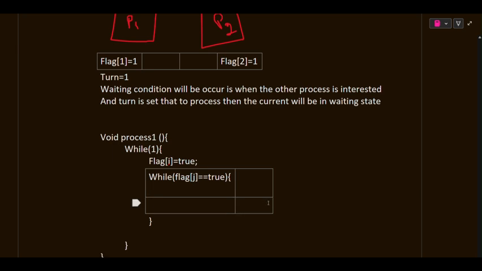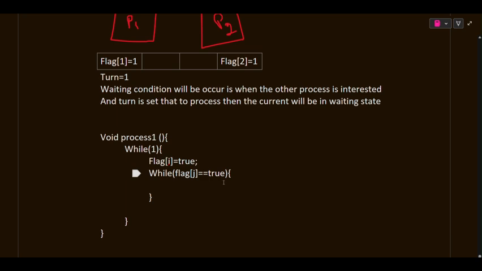then it will check the other condition, that if the turn is also assigned to that process J, then it will make the flag of the process I false, making itself uninterested and waiting until the turn arrives to its process ID.